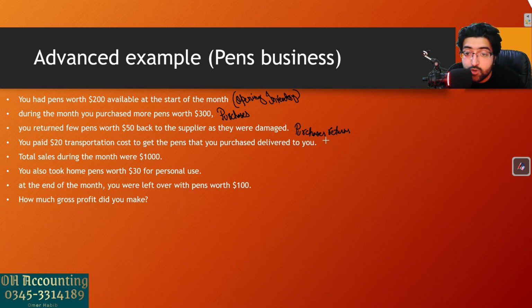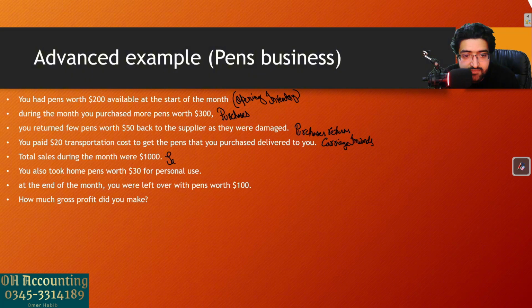In accounting, we call that carriage inwards. Remember the term. Okay. Carriage inwards. The transportation cost that you're paying to bring the goods into your business. The goods that you have purchased, you're bringing them into your business. So carriage inwards.